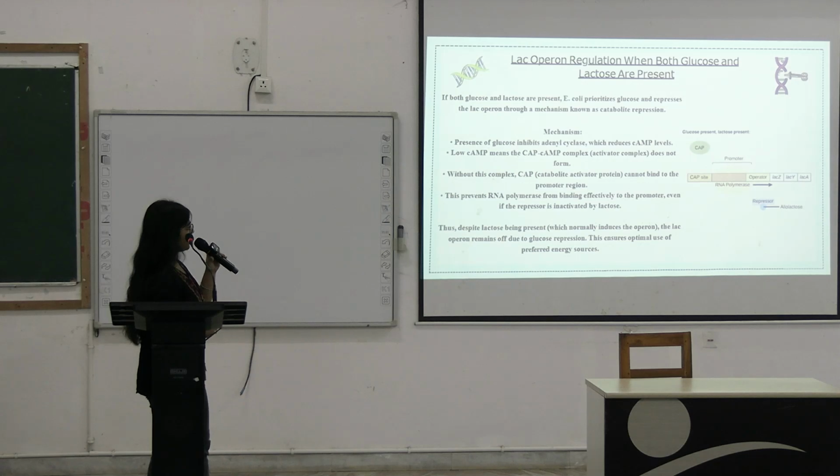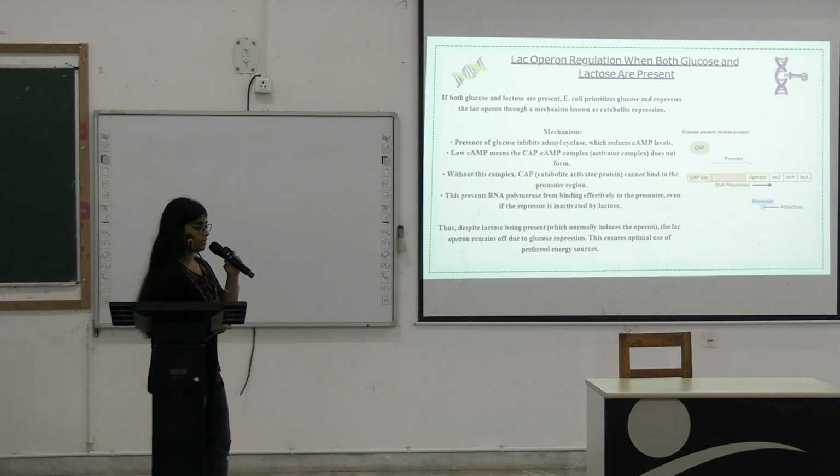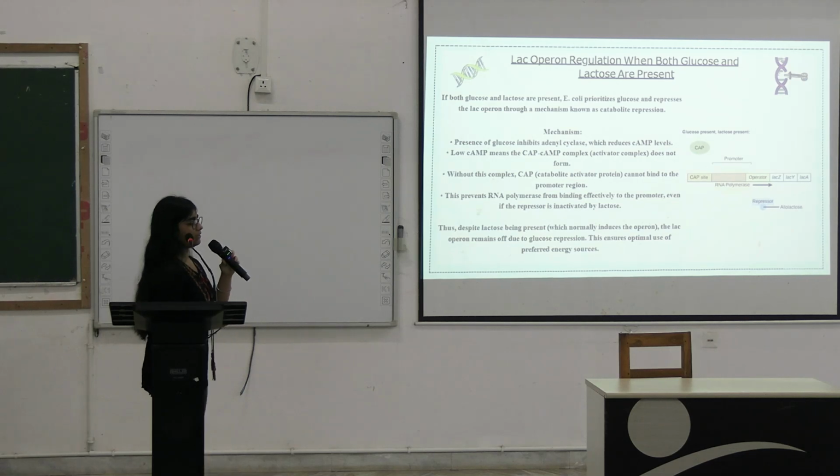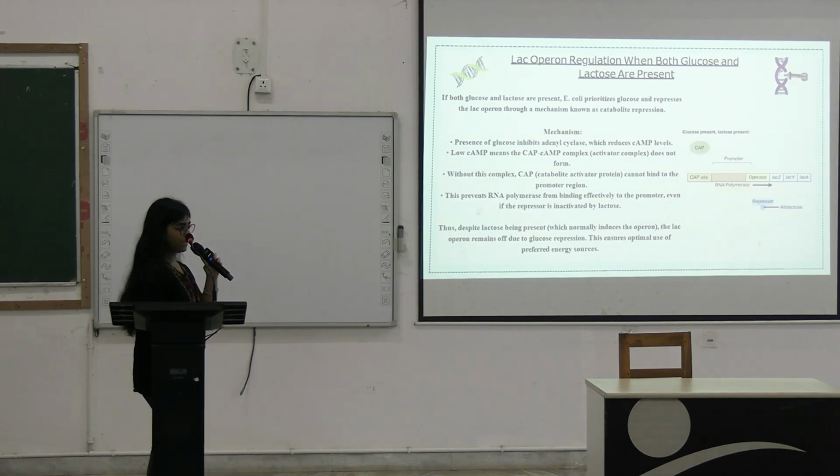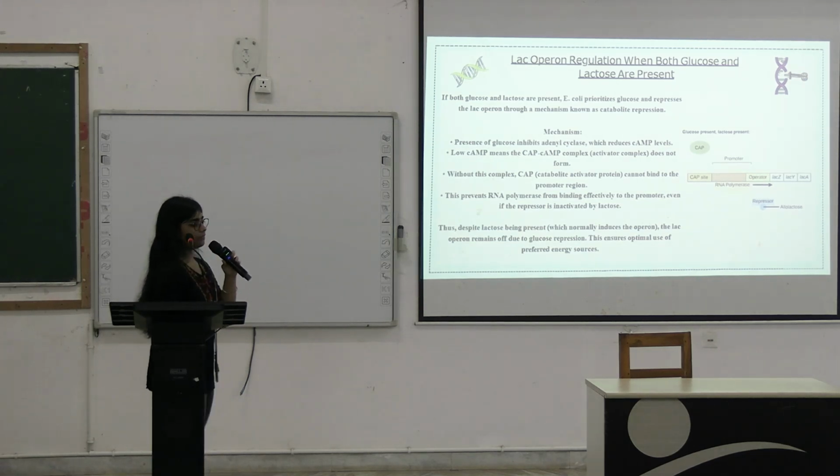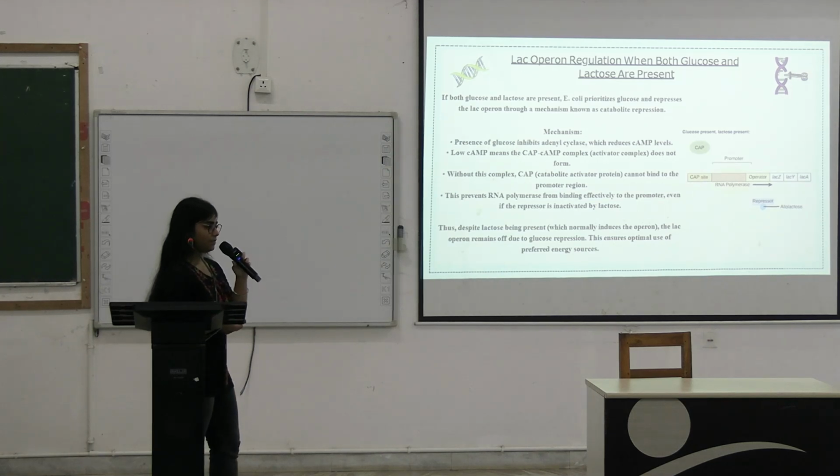When both lactose and glucose are present, the presence of glucose inhibits the production of adenylate cyclase, which reduces the cAMP levels. Due to the low levels of cAMP, the catabolite activator protein does not bind with cAMP, and the CAP-cAMP complex is not formed.